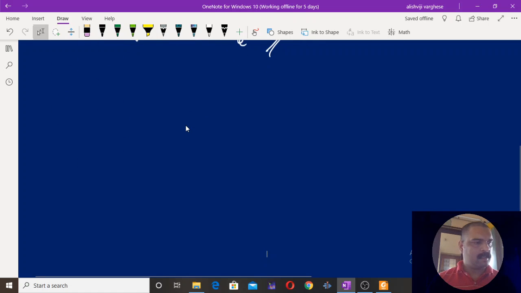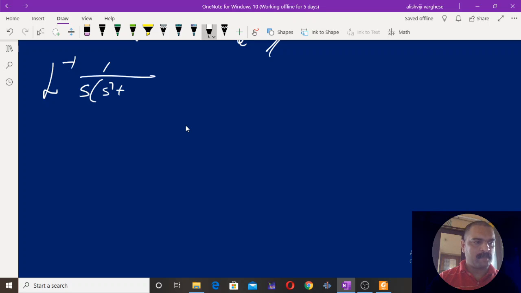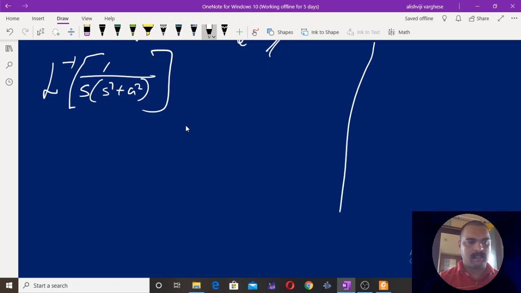And now let us have another function. Calculate the inverse Laplace transform of 1 by s into (s square plus a square). And here what we are going to use is the result which says that the Laplace transform of integral 0 to t f of t dt is equal to 1 by s into F of s.